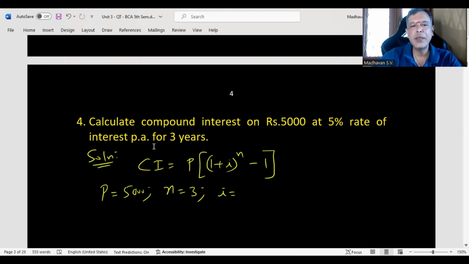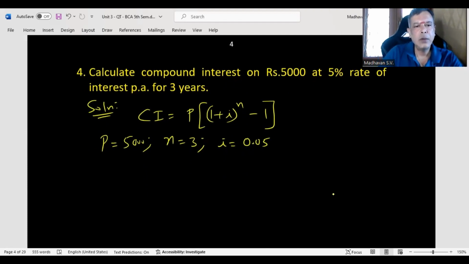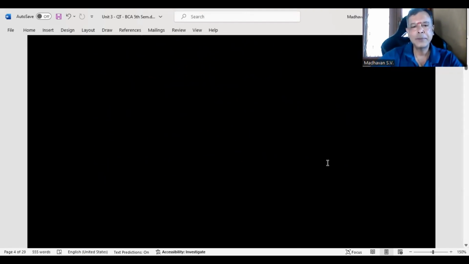If they give, then we will be doing a conversion. Otherwise, we'll be taking it as it is. So I is 0.05. Now, our compound interest will be 5,000 times 1 plus 0.05 to the power of 3 minus 1. If we calculate this, we will get rupees 788.13. Let us move on to the next one.